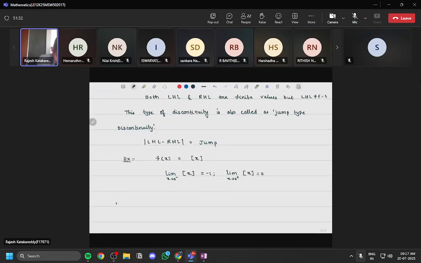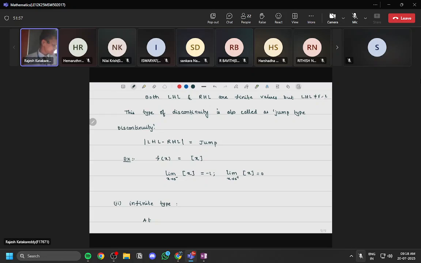Now the second one is infinite type discontinuity. In infinite type, as I said, you can write here that at least one of the limits approaches infinity. If the limit does not exist, we cannot do anything.